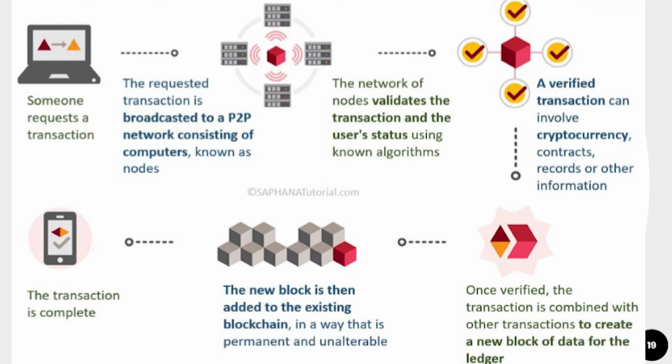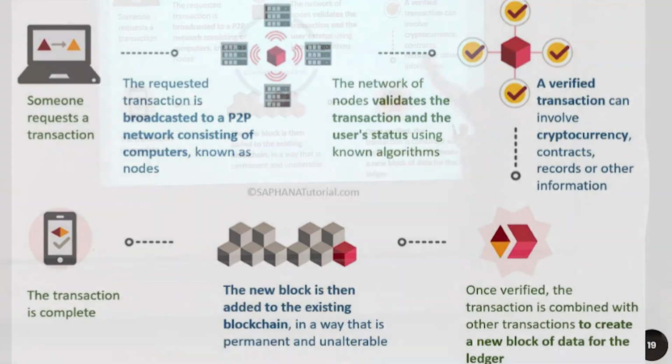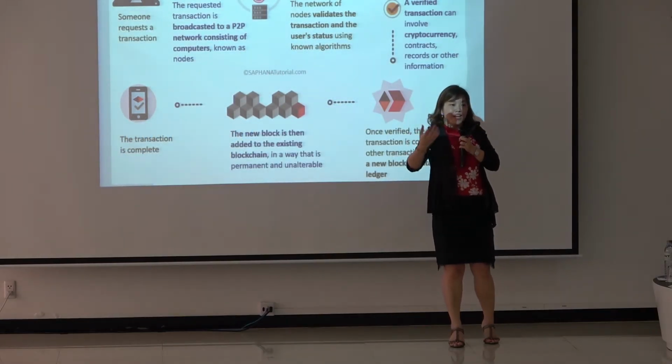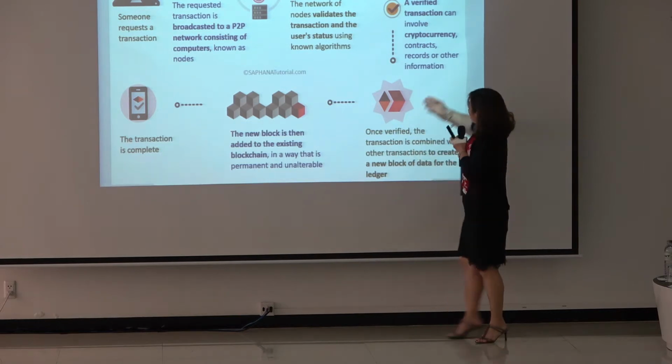Of course, it will involve a lot of technologies inside to make sure that it will be kept anonymous, it will be checking the authentication authority and many other things, okay?